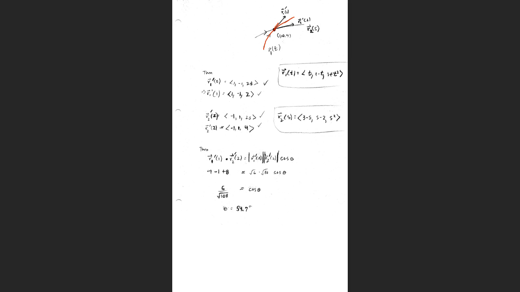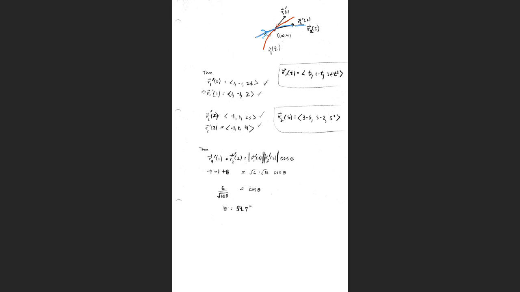And then the second space curve, I'll make it in blue. And here's the point of intersection right here at 1, 0, 4.